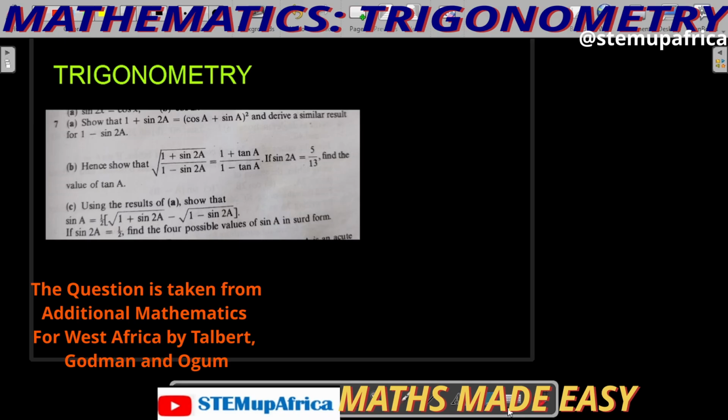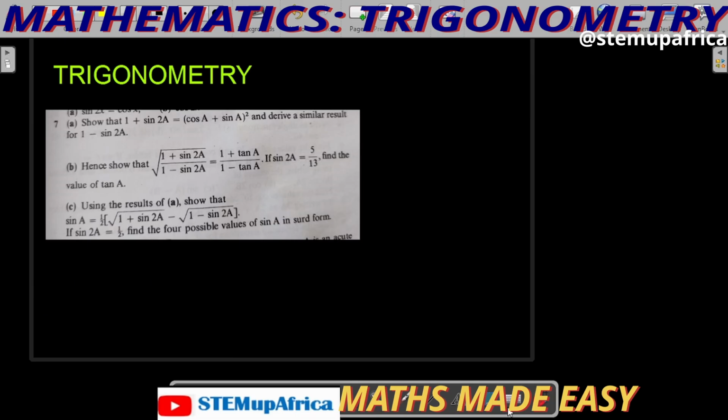We are asked to show that 1 plus sine 2a is equal to (cos a plus sine a) all squared, and derive a similar result for 1 minus sine 2a. So let's go. First of all, we need to recognize what sine 2a is.